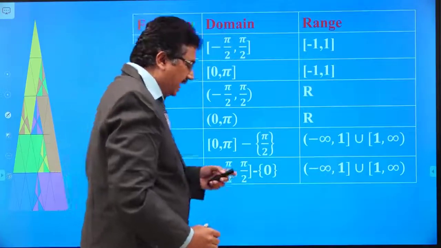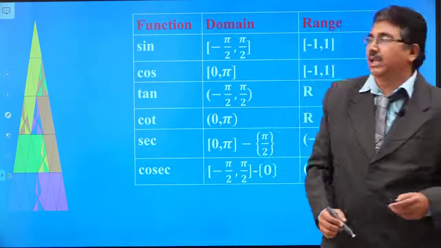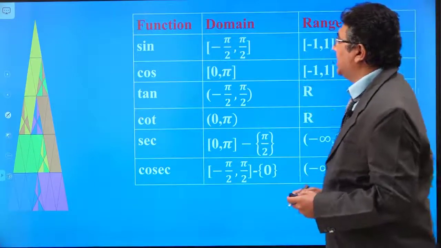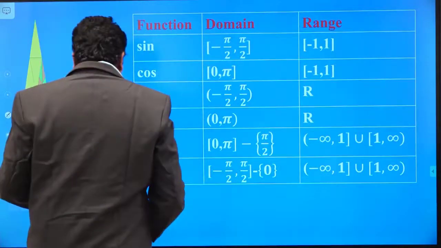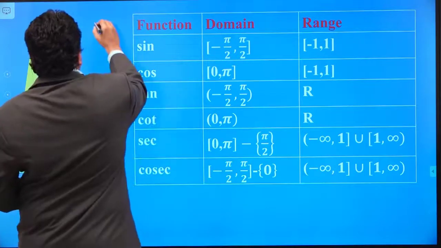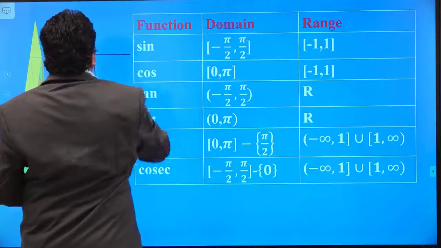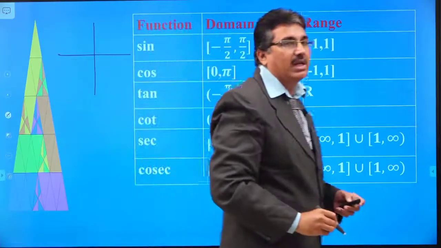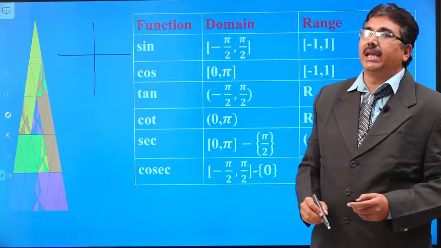Now see the restricted domains of trigonometric functions. Observe that the domains of sine, tan and cosecant are the same.